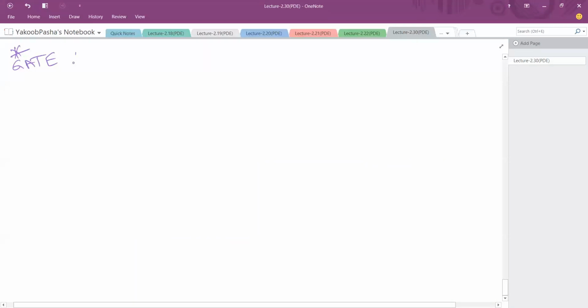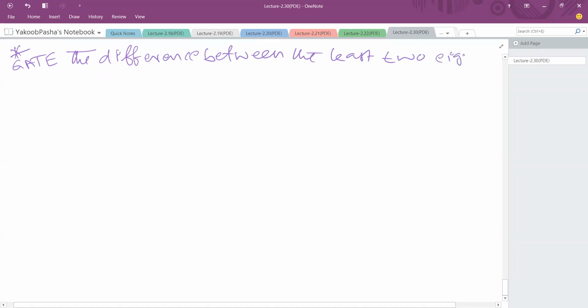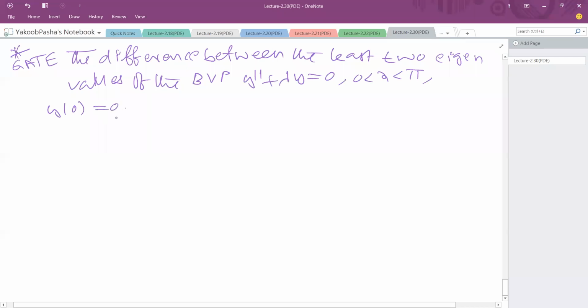The difference between the least two eigenvalues of the boundary value problem, simply I am writing BVP, boundary value problem, y double dash plus lambda y is equal to 0, 0 less than x less than pi, y of 0 is equal to 0, y dash of pi is equal to 0, is equal to.